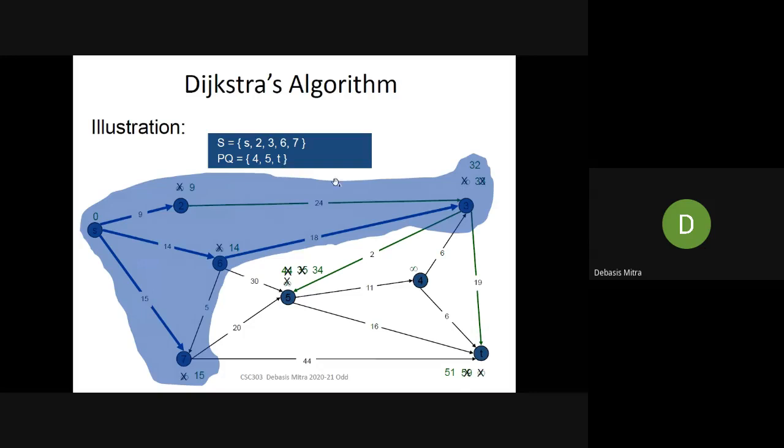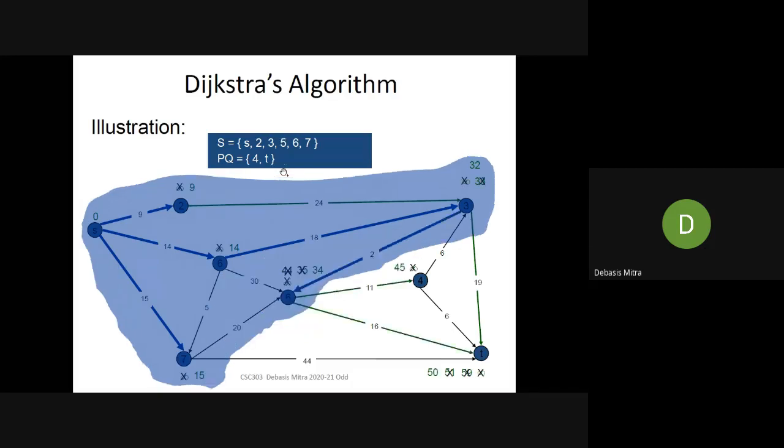Now from 4, 5 and t, which one is having minimum? 5 will be included, and once 5 gets included, the d value of 4 will be changed from infinity to 34 plus 11, 45. Okay. Now among 4 and t, the d value of 4 is less than t.